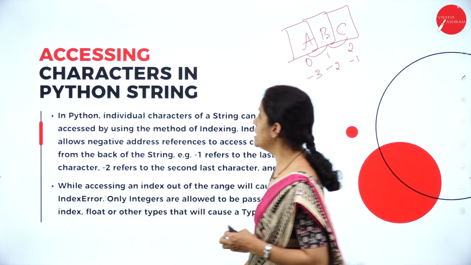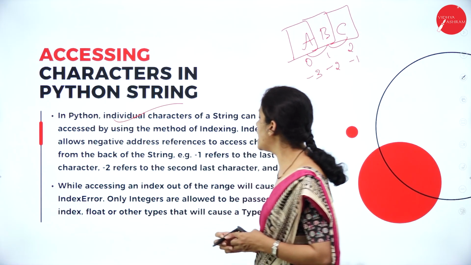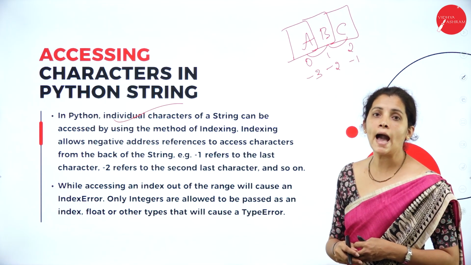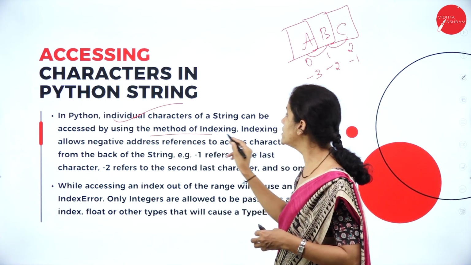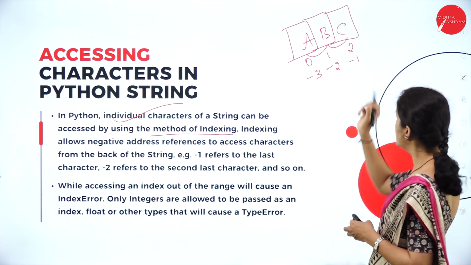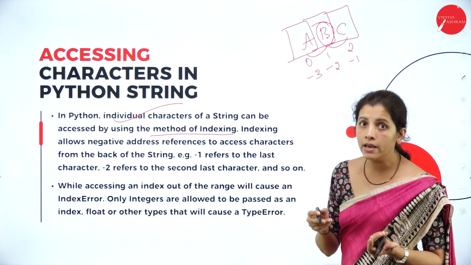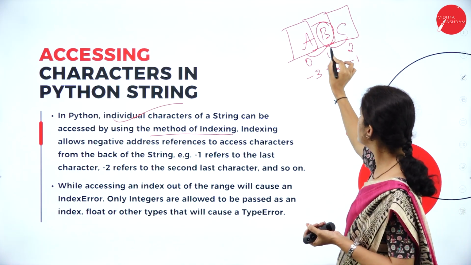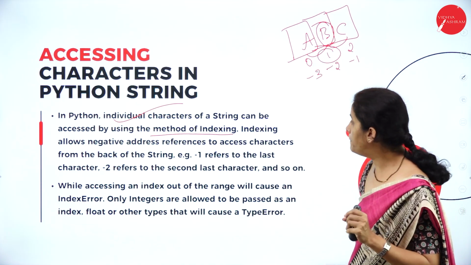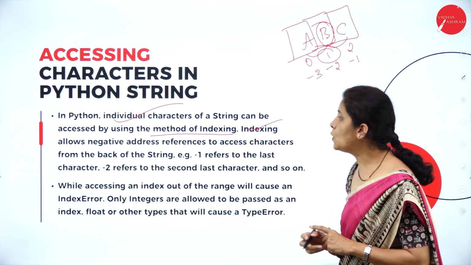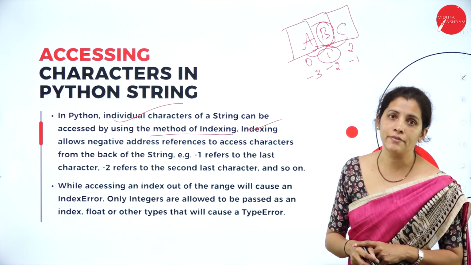Okay, fine. See, in Python, individual characters of a string can be accessed by using the method of indexing. See here, if I want to access B, how am I going to access B? For that, I'm going to consider the index of B. Indexing allows negative address reference.